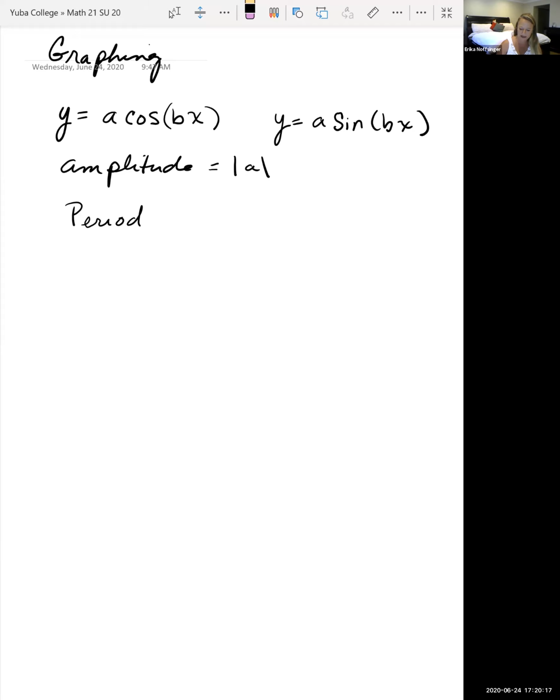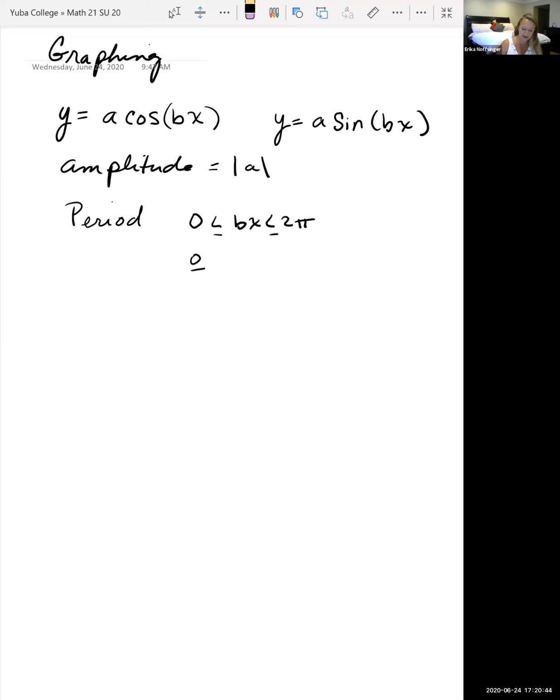A normal period for sine and cosine is sandwiched between 0 and 2 pi. So here we're going to put that argument, theta is normally between that, so we're going to put bx between 0 and 2 pi, including. Divide both sides by b to get x by itself.